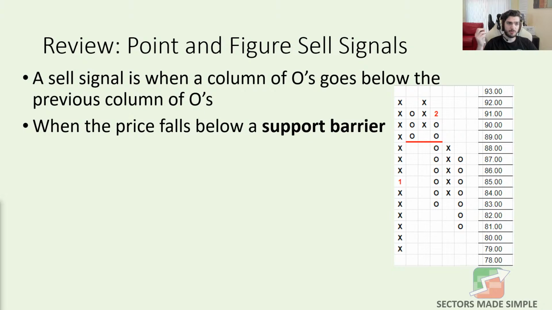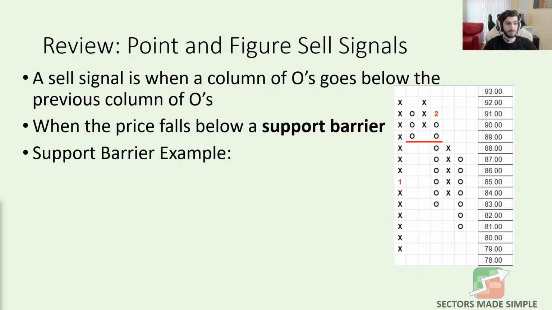Just like we had our resistance barrier for when the price stopped and then turned around, here we have what's called a support barrier. So the resistance barrier is the ceiling, support barrier is the floor. Our sell signal is given when the price falls below the support barrier.